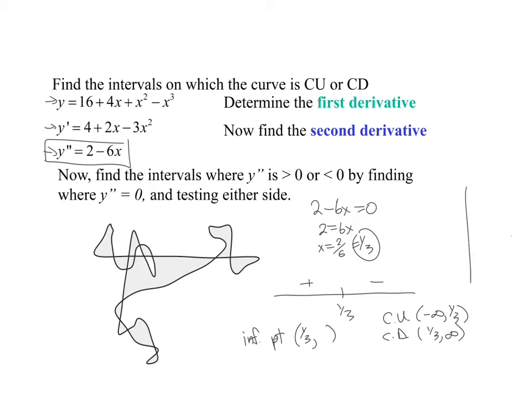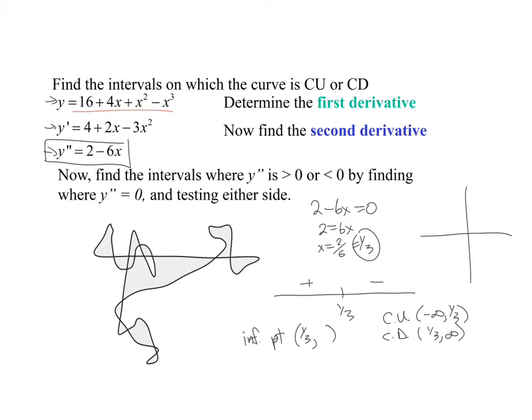So just based on that information, we don't know the y-coordinate. Maybe let's figure it out quickly. So if we take our 1/3 and plug that back into our original equation, that should give us the location of the y-coordinate. So I'll just quickly type it in on my calculator here to see what that value would be.